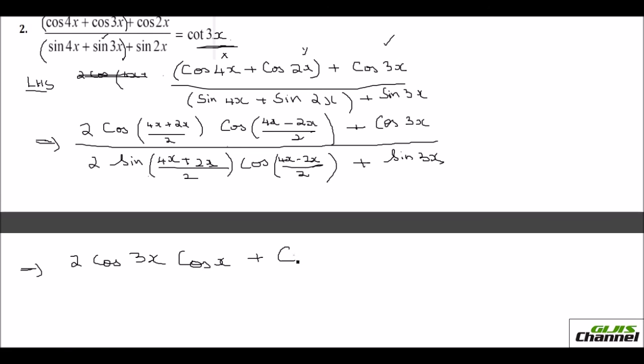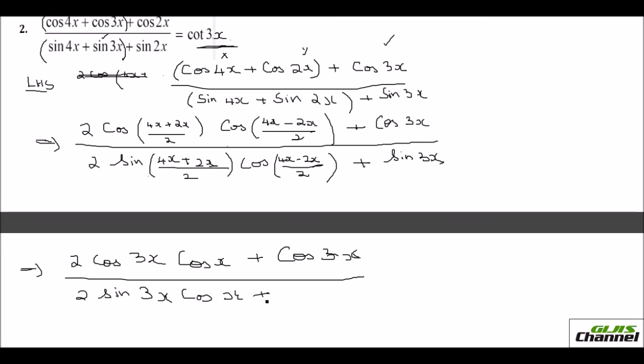Plus you have this cos 3x left out, whole divided by, at the bottom it is 2 sine 3x and cos x, right? Plus you have sine 3x too, okay?